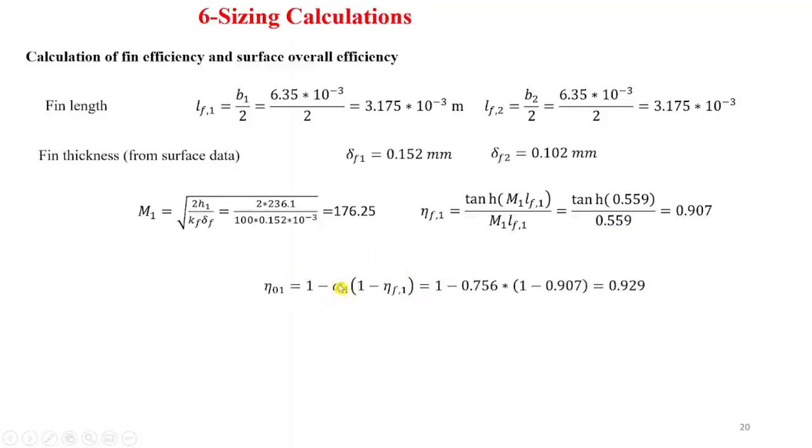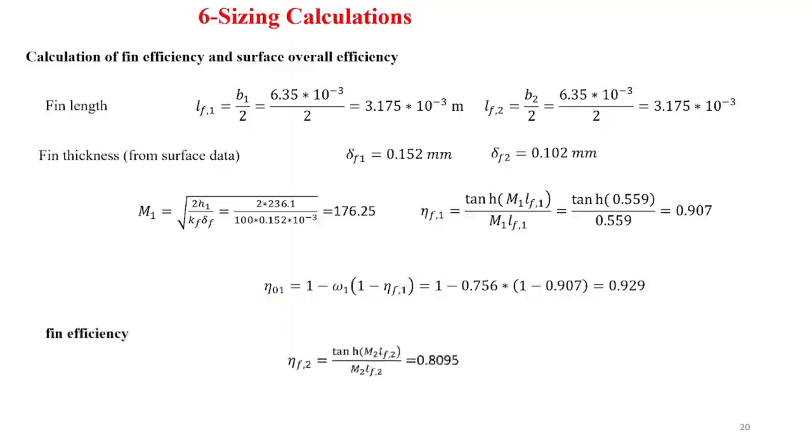Omega, we said, is the ratio of the fin area divided by the heat transfer area, which is a given parameter from Kays and London properties or surface properties for that particular surface, which in our case is louvered fin, multiplied by 1 minus eta f, which is the fin efficiency we found. So you substitute with these values, and you get the overall surface efficiency for side 1.